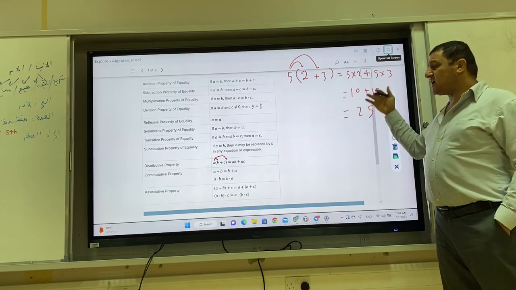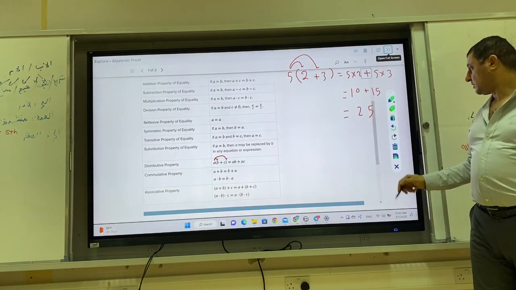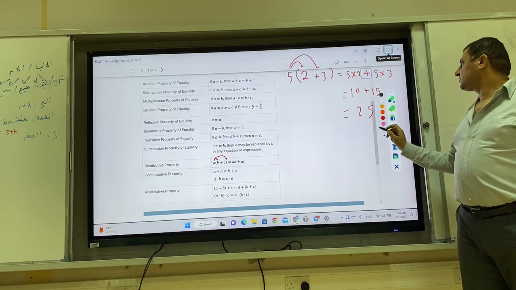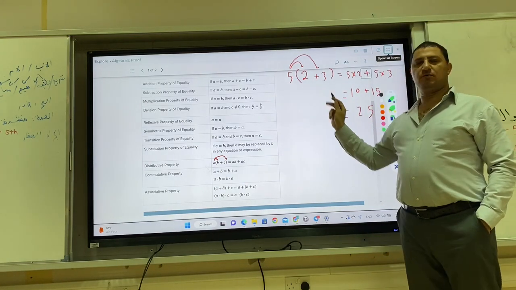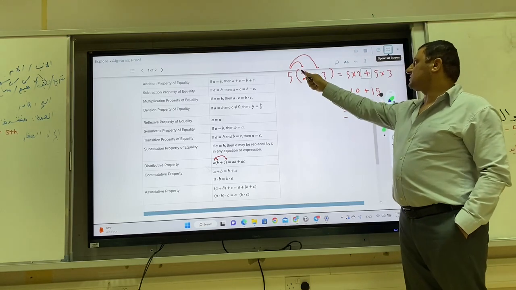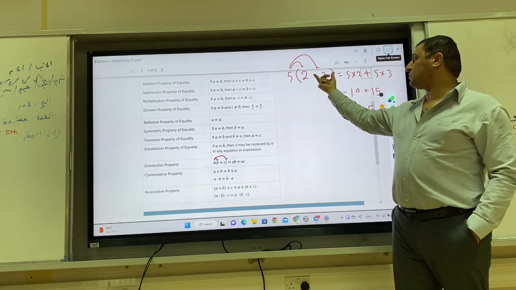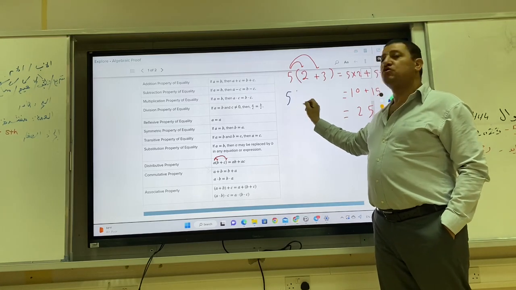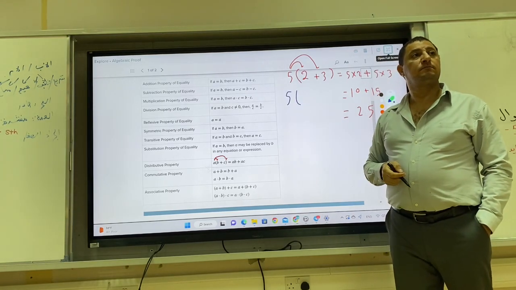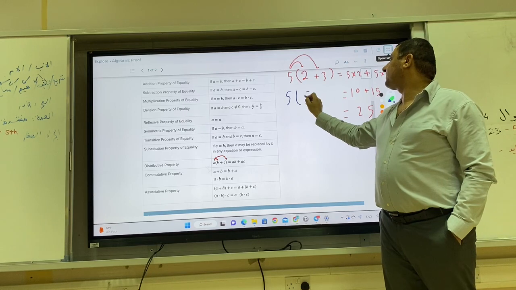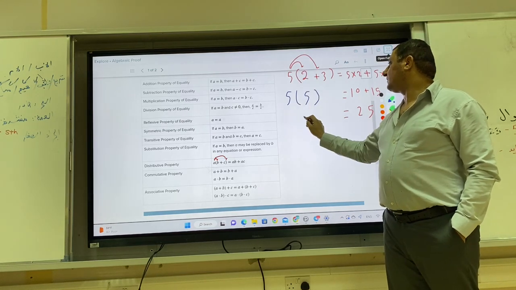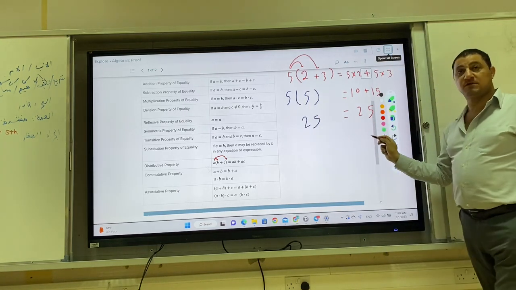25. To make sure that this process works, you can easily check. The order of operations says that we can finish the parentheses first. So let's add whatever we have inside the parentheses. 2 plus 3 is 5. So 5 times 5, we have 25 equals 25.